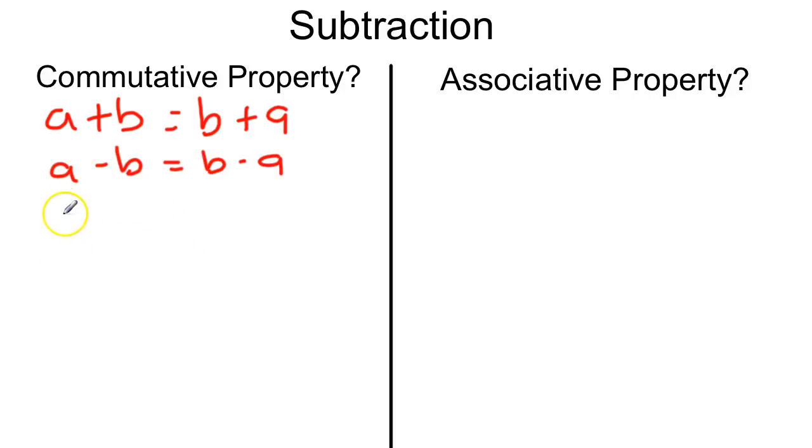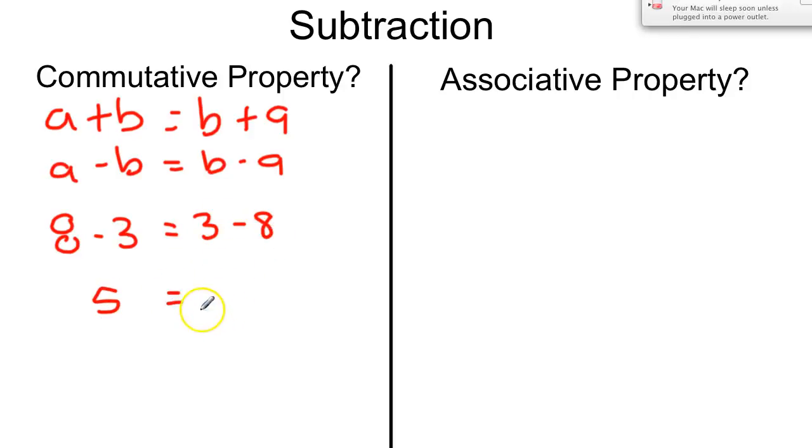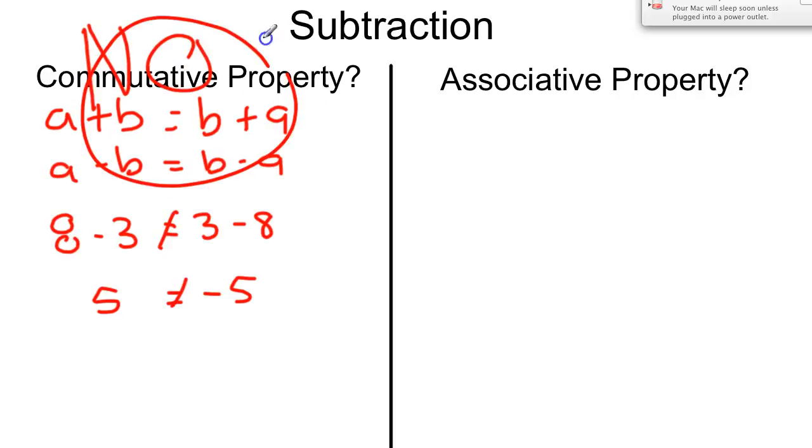Well, let's put some numbers in to check it out. What if I did 8 minus 3? Is that the same as 3 minus 8? Well, 8 minus 3 is 5. 3 minus 8 is a negative 5. So these are not equal. So this is not true for subtraction.